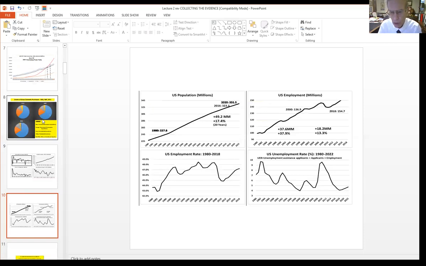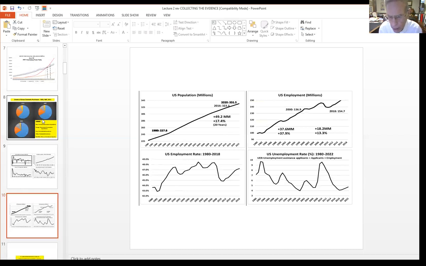Okay, here's a little more detail about the U.S. economy, and we start with a benchmark, the U.S. population. You can see that during the time in this chart, that is for 20 years anyway, I think it's from 1980 to 2000, the population grew some by 49 million people, or 17%.